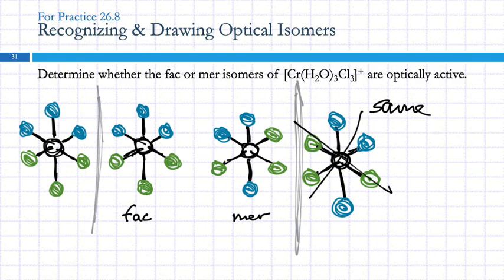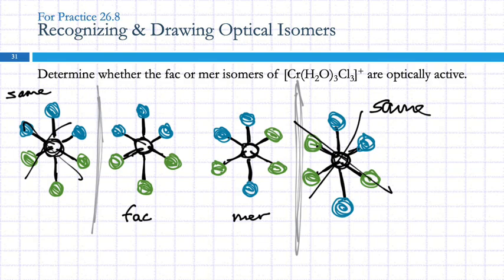They're not lining up, are they? It's just because I'm doing it badly. There they go. It's like, wait a minute, this isn't supposed to happen. So those are actually the same as well. So neither is optically active.